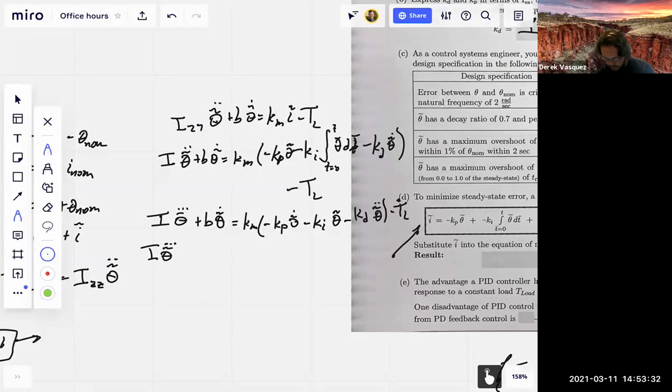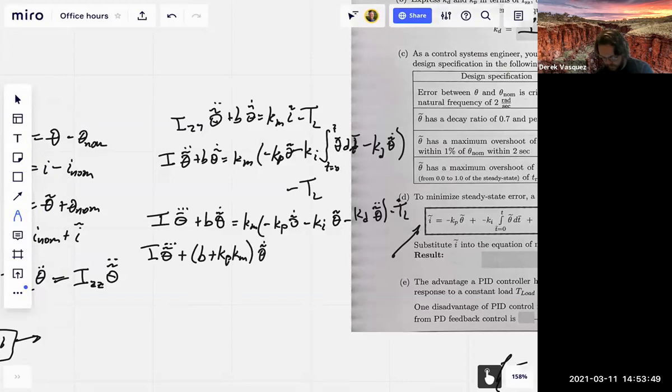Good question. So plus, and let's see, our theta dot terms, so we're going to have B plus k_p k_m theta tilde dot. There's a theta tilde double dot that comes over, so sorry about this, this is not in order, but a k_m k_d theta tilde double dot. And then bringing over just the thetas, so plus k_m k_i theta tilde.